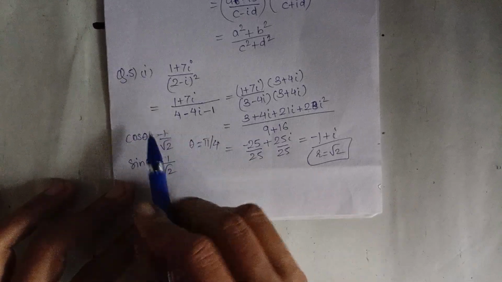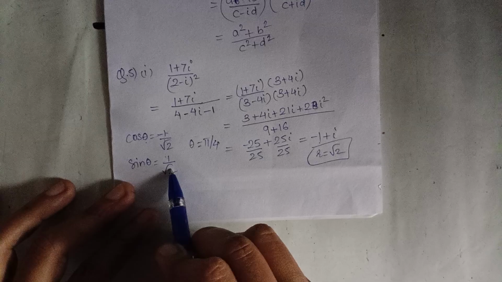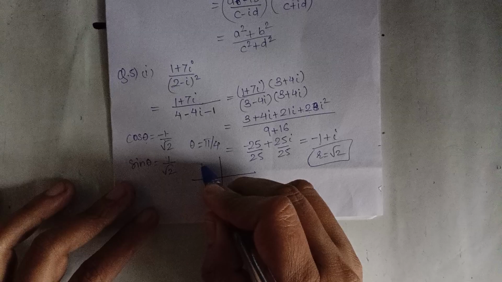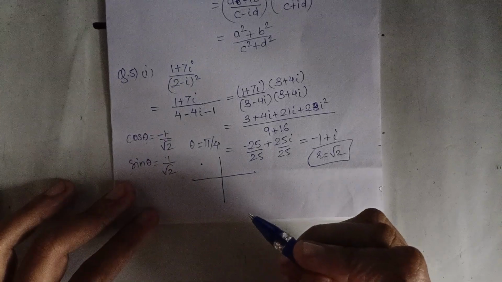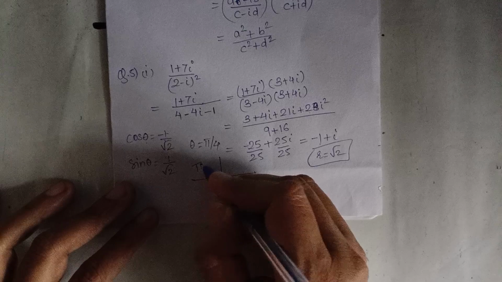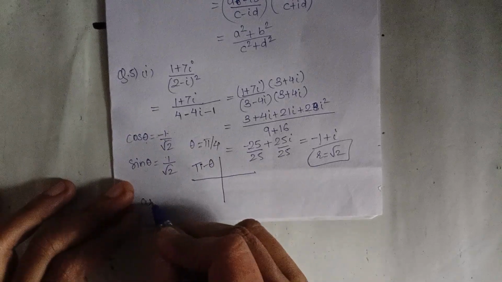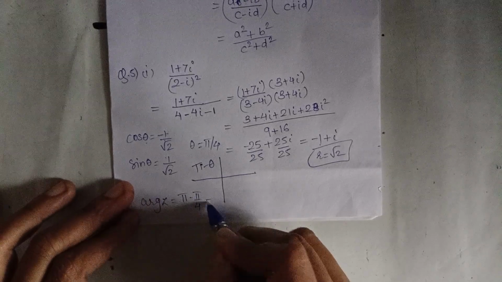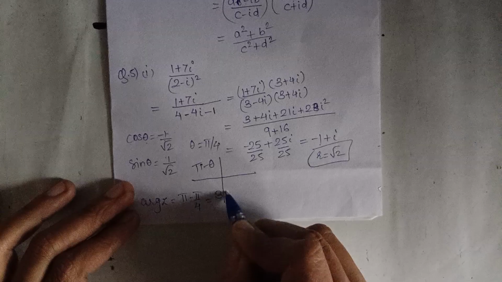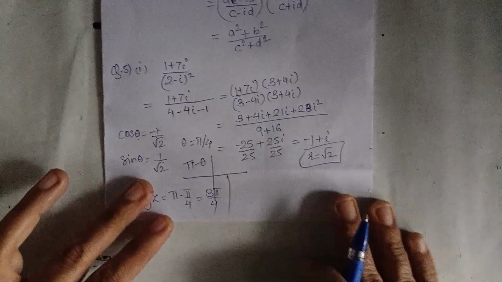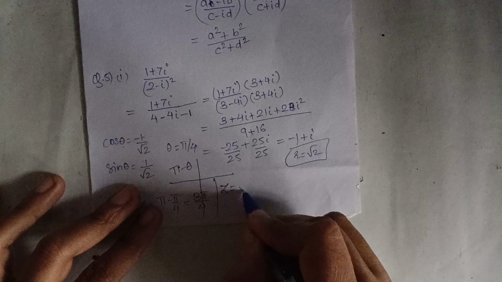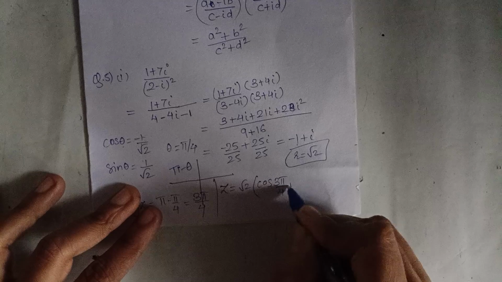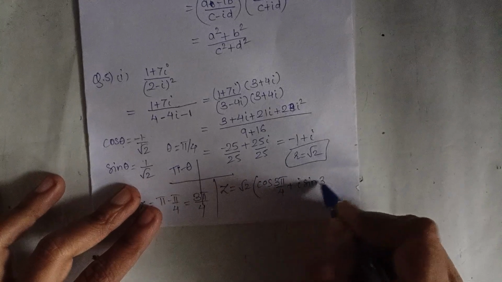But here cos theta is negative and sin theta is positive. So sin theta positive means this is in the second quadrant, so the argument of z is pi minus theta, pi minus pi by 4. So you'll get 3 pi by 4. So the polar form is given by z equal to root 2 (cos 3 pi by 4 plus i sin 3 pi by 4).